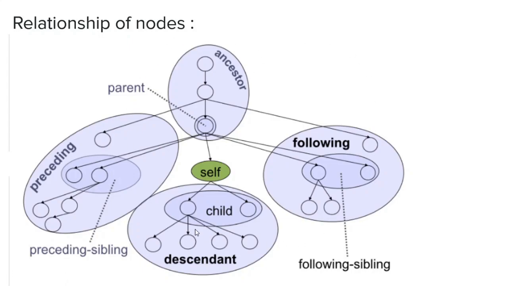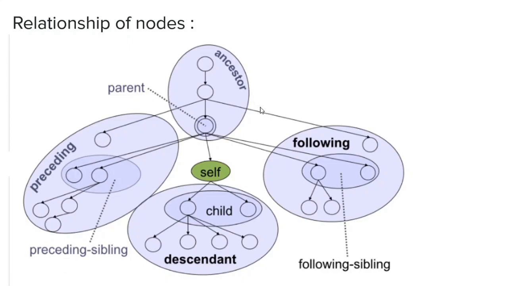Imagine this is a DOM structure in which elements are referenced by the nodes, right? So every circle is basically a node, or we can consider it as an element in our DOM structure. It is a tree structure, right? So there is a root node and child nodes.